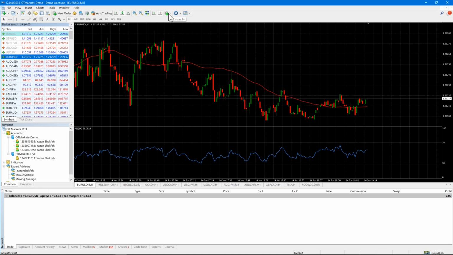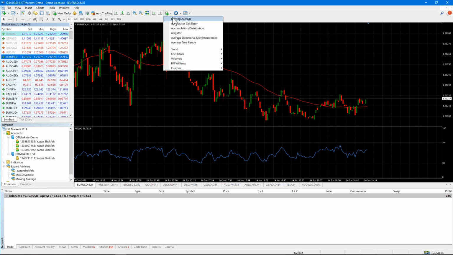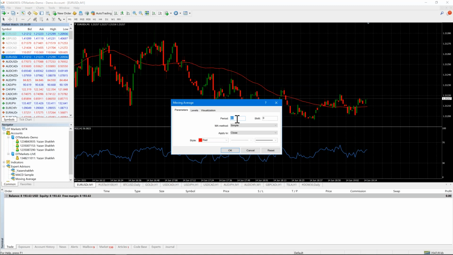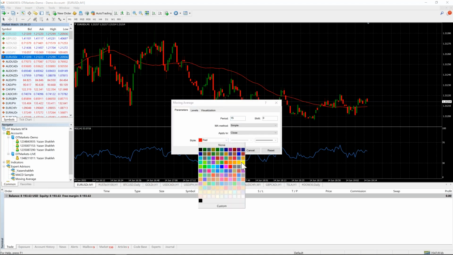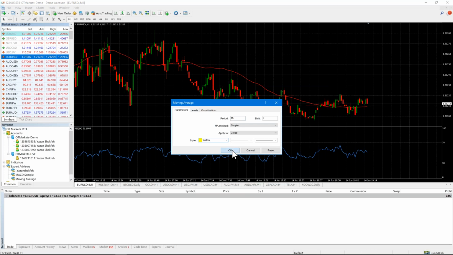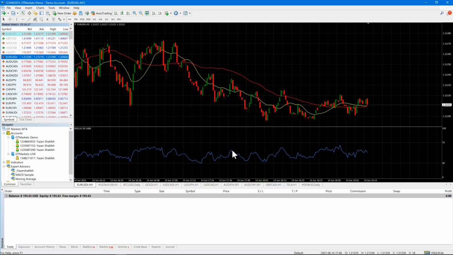How to add the moving average? Simply from the indicator list, you go to moving average and you select the period, which is 15 minutes, for example, and you color it the way you want. And there we go. So the entrance is simple. You can use this one or any other scenario you're doing.